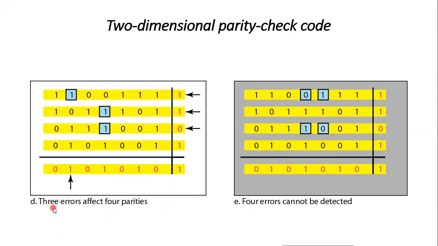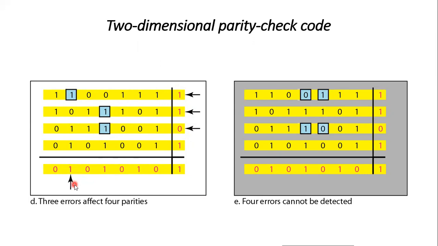Similarly, here three errors affect four parities. So this one and this one, this one. Therefore, what happened here? Three row parities are affected. And here the parity is not affected, whereas here the parity is affected.